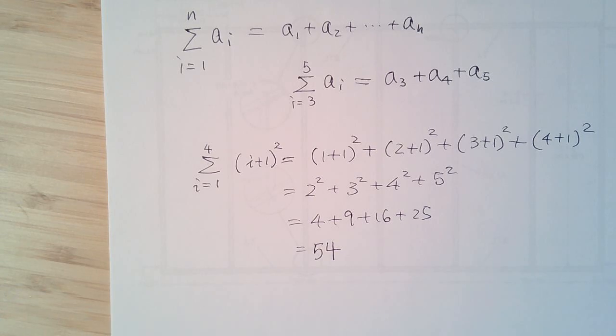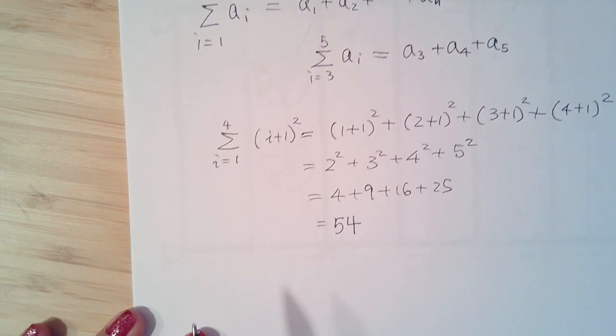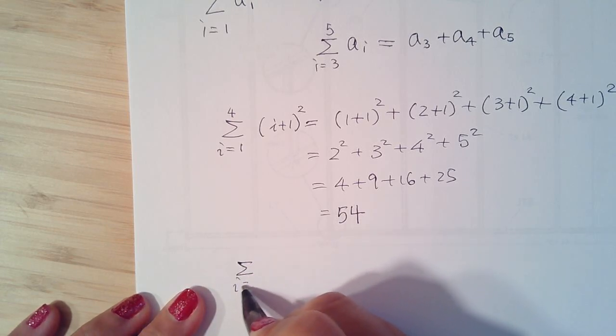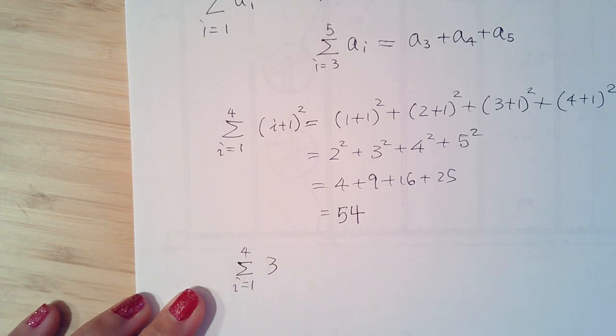Okay? Now, see, here is the ith term. Now, let me ask you a very tricky one. So if I go i from 1 to 4, but I have a 3 here, what does that mean? That means I get a sequence, but this sequence is 3, 3, 3, 3. It is a constant, just a 3.